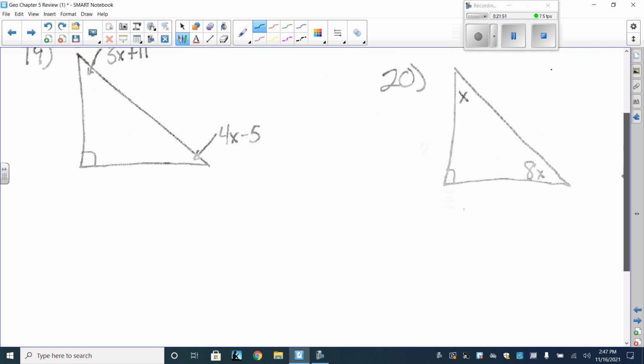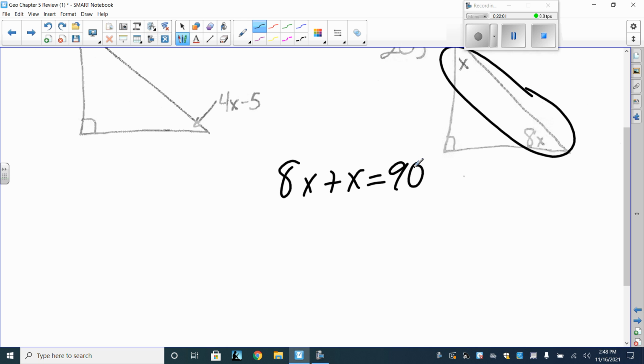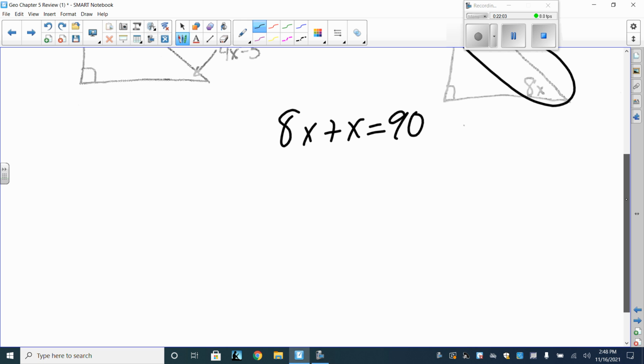Okay. So again, these 2 acute angles are going to add together to be what? So the first thing we want to do is combine like terms. So 8x plus x is 9x.